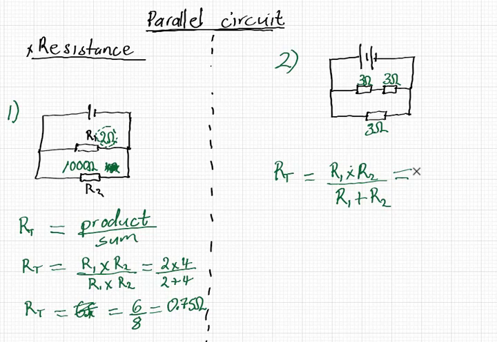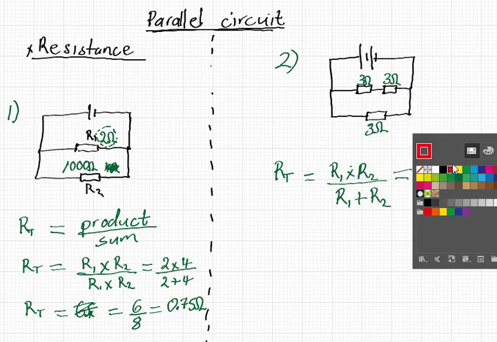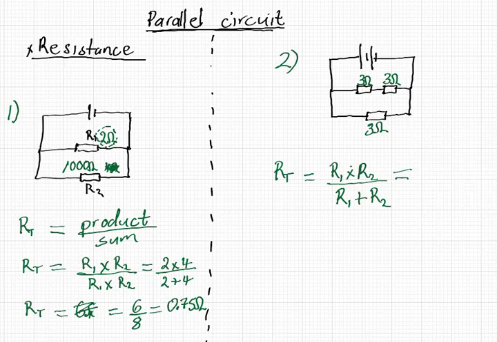One thing that we can deduce from this straight away is the fact that we have two resistors in series, so we just have to add them. Okay, 3 plus 3 is equal to 6. So this is the equivalent of this. We have to combine them.